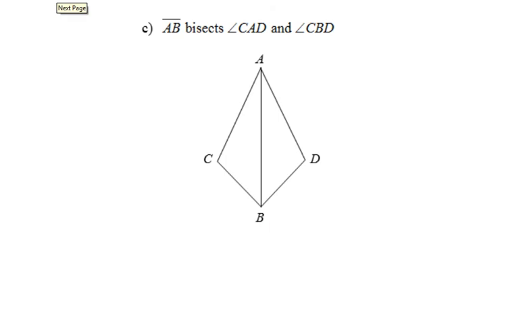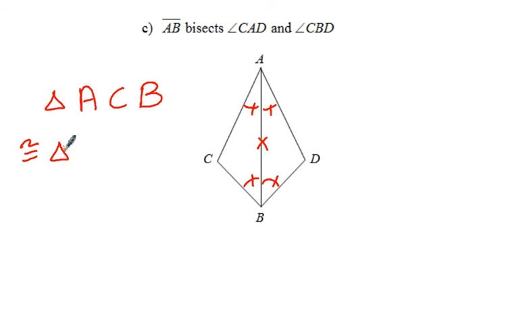Putting it all together into one diagram, we have that the segment bisects the angle at the top and the angle at the bottom, and the triangles are glued together. So we can state our conclusion that triangle ACB is congruent to triangle ADB.